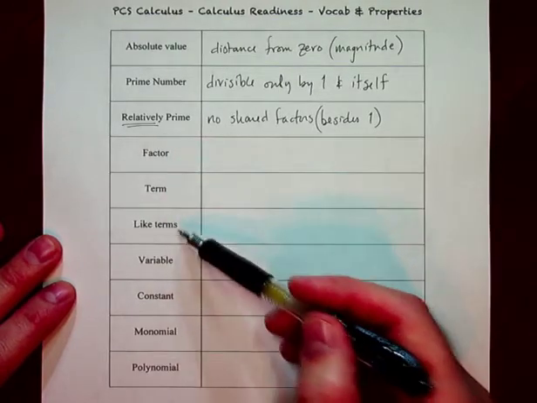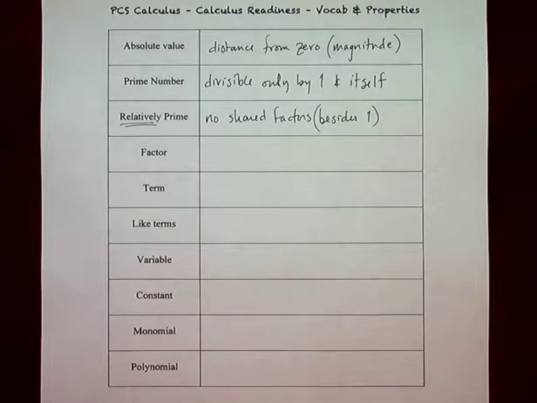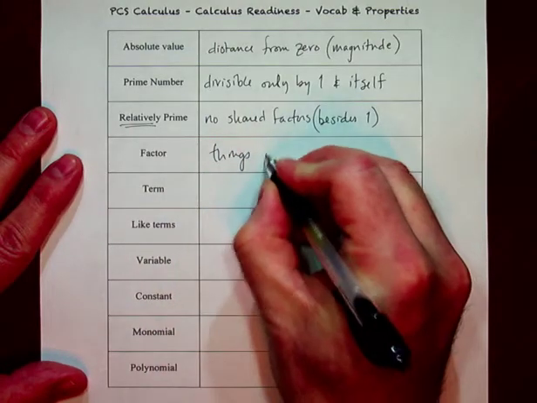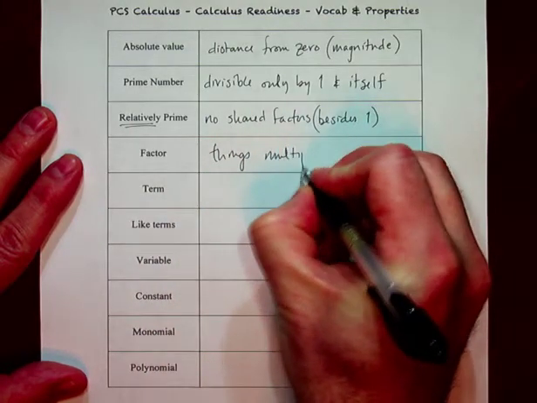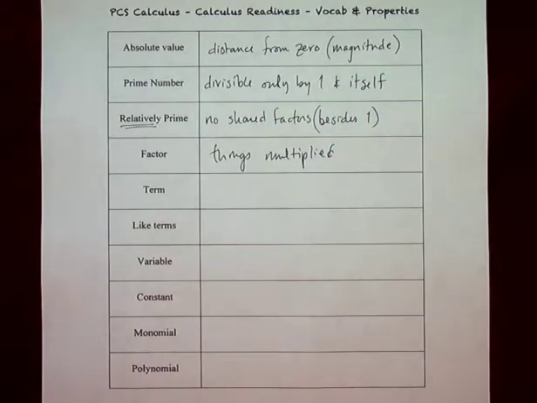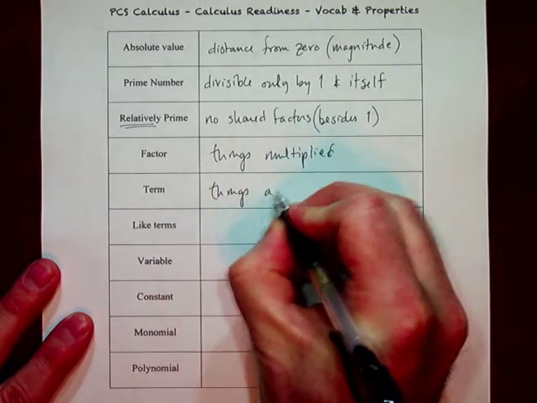Factor, term, like terms, variable, constant, monomial, polynomial. I'm going to give you just a basic, not the official dictionary, definition: factors are things multiplied. That's all they are. In its most basic sense, factors are simply things multiplied. Terms are things added.